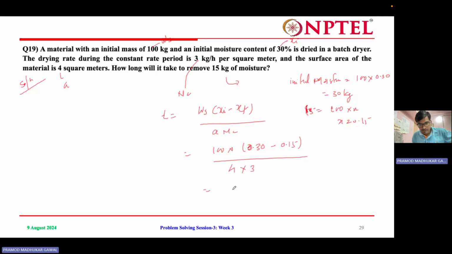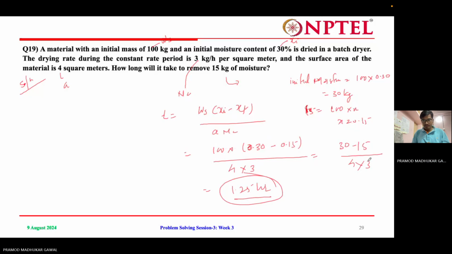Or we can write 30 minus 15 divided by 4 into 3, that is 15 divided by 12, which is 1.25 hours required to remove the 15 kg of moisture.